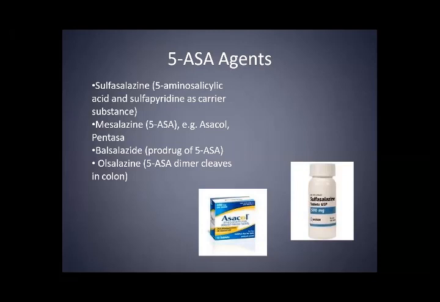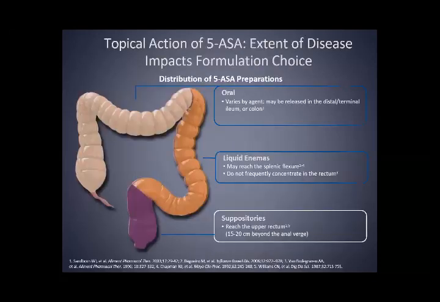Topical application of these drugs, especially if you have localized proctitis, you can use suppositories. The suppositories are pushed into the rectum 15 to 20 centimeters beyond the anal verge, and they stay there and the inflammatory process gradually improves because of the local application.